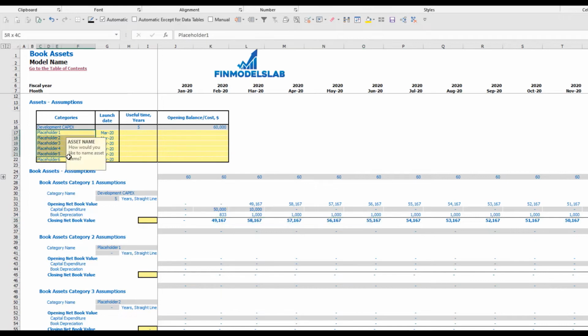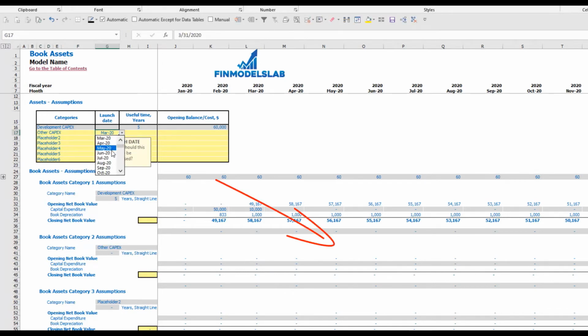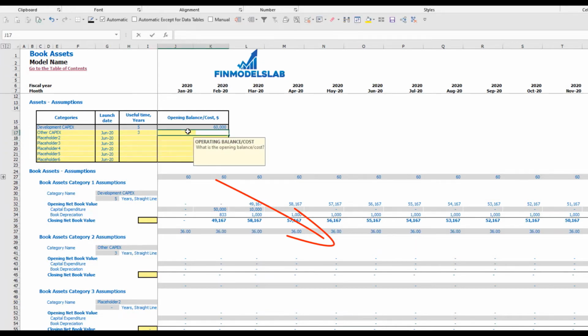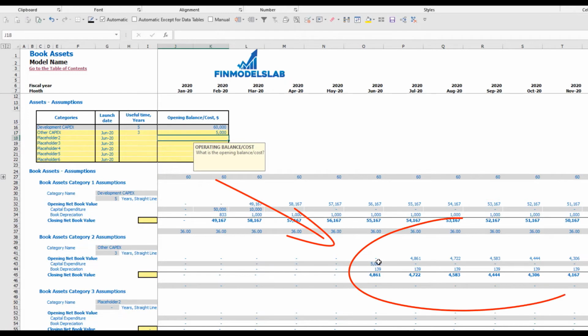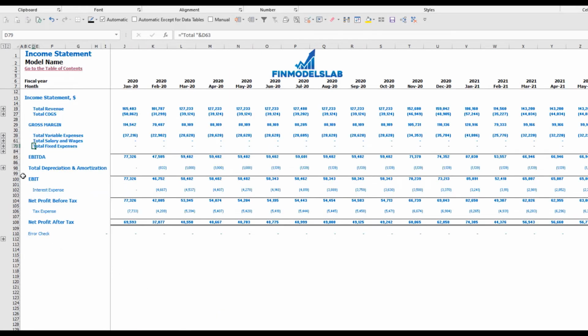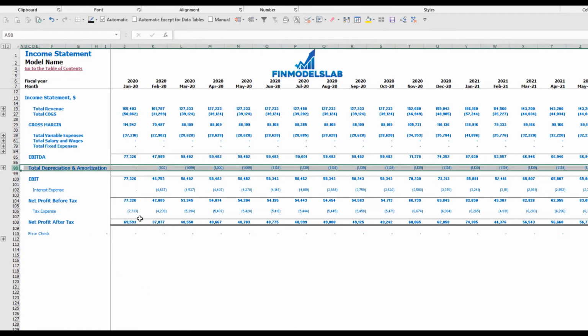You are also able to input up to 6 other assets, for example, other CAPEX, with a launch date, for example, June, with 3 years of useful time, with a $5,000 cost. You may see the calculation here. So in this tab you have the calculation of capital expenditure, book depreciation, and closing net book value. The total amounts you may see in the Income Statement tab, in the Depreciation section.